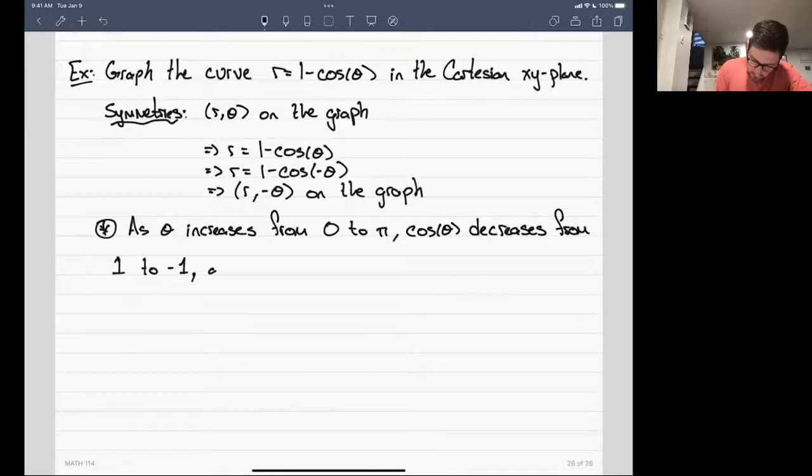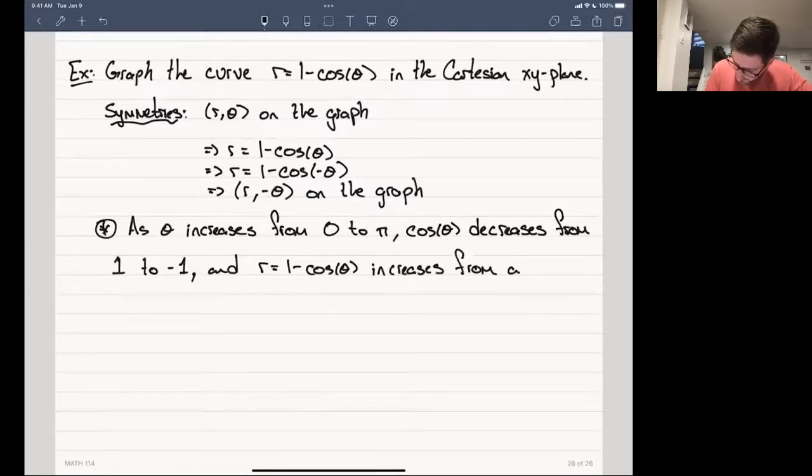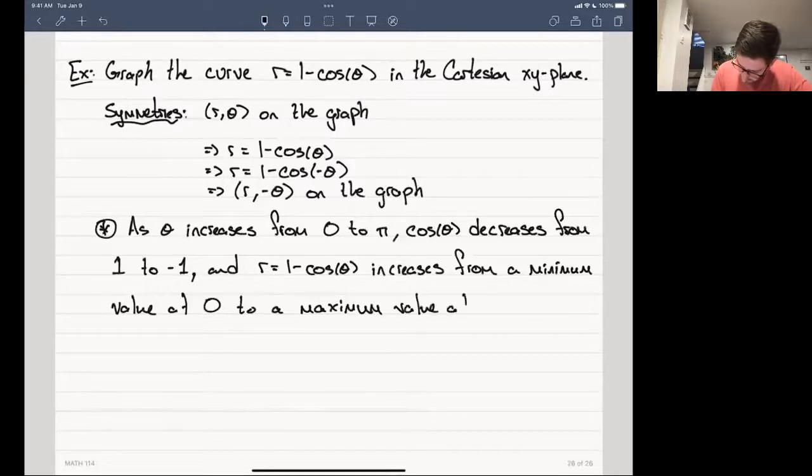And r equal to 1 minus cos of theta. Well, this thing increases from a minimum value at 0 to a maximum value at 2.